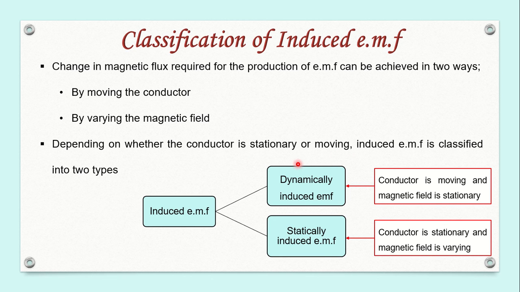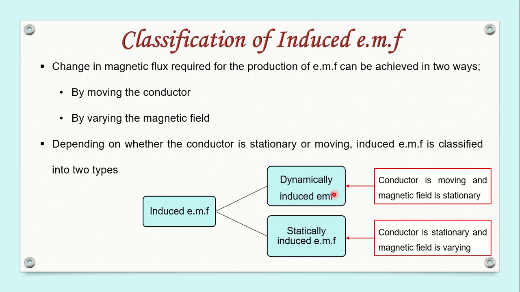So depending on whether the conductor is stationary or moving, induced EMF is classified into two types. First one is dynamically induced EMF, and second one is statically induced EMF. And keep in mind that these names are given according to the status of the conductor.